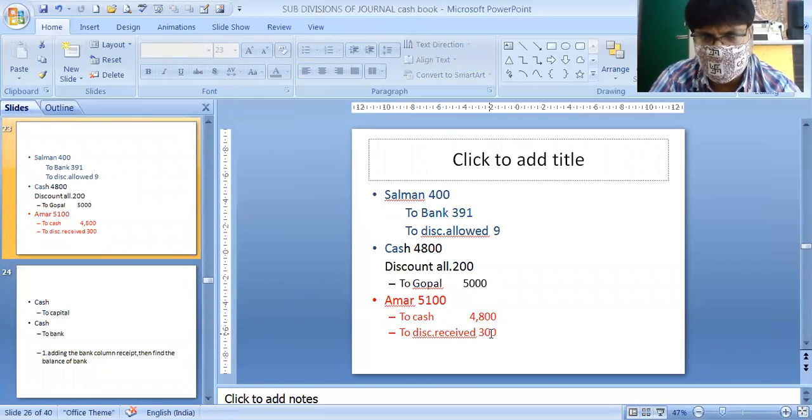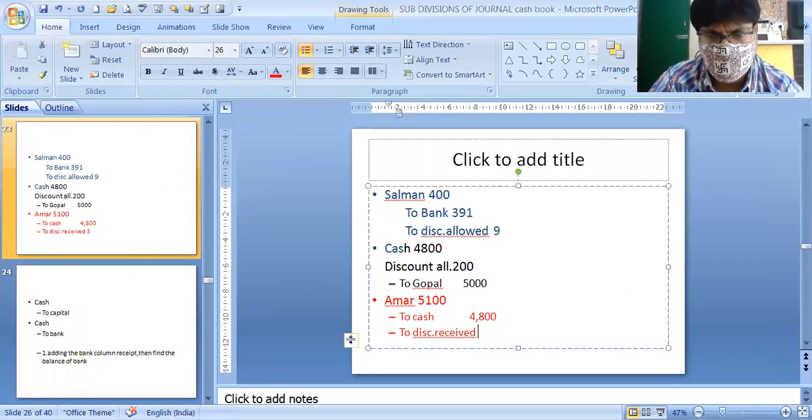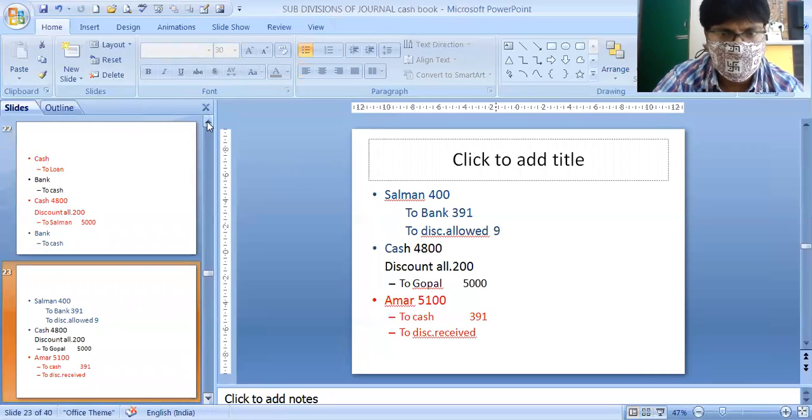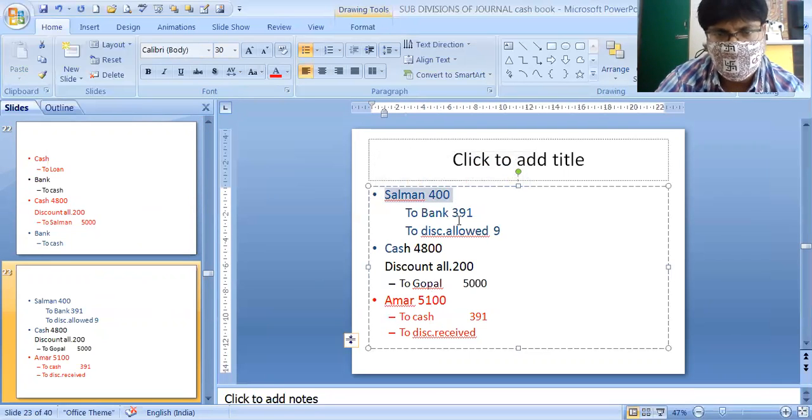It was 391, something like that. Okay, so the amount 391 we will be writing, and it is 400 over here. Sorry, Salman's 400, to bank 391, discount allowed 9.